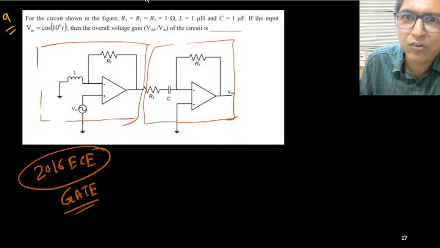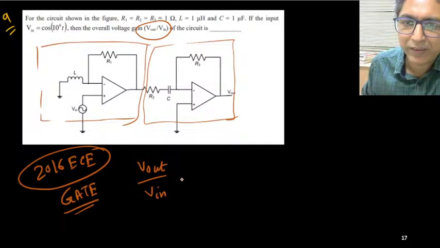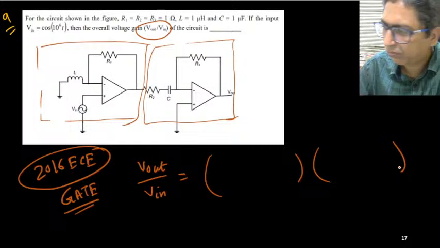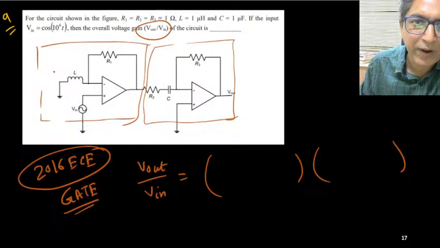So we need to find out the overall gain, V out by V in. This overall gain will be the product of these two. The first one, the gain for this one. Now can you identify the type of this filter? The input signal is applied to the plus terminal.